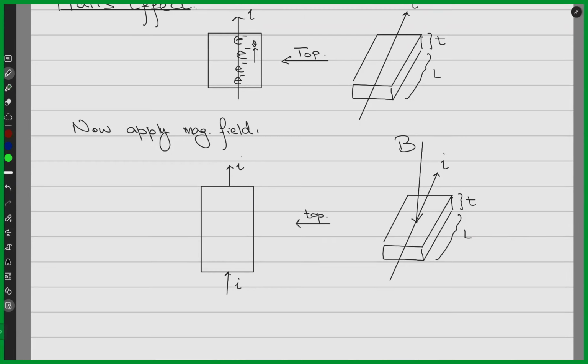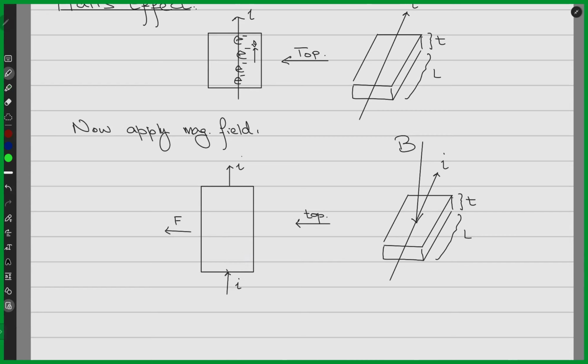They will experience force, right? When they experience force, their direction will change, and you can find this force by using the left-hand rule. And this force will be in this direction. Let me draw it. So the electrons will experience a force in this direction.